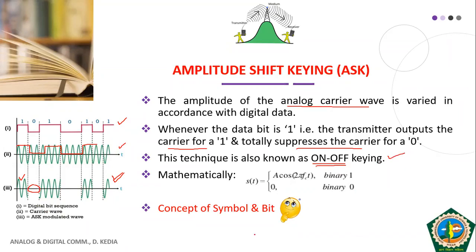So mathematically what is happening here, if your bits are represented in the form of ones and zeros, and 1 means say high volt and 0 means 0 volt, if your digital signal is represented in the form of unipolar pulses like this, then if you multiply, you get simply ASK. So mathematically ASK is obtained by the multiplication of your carrier signal and the amplitude of your binary pulses. So for binary 1, you have your output as a cosine of 2 pi fct, and during 0, you'll get the 0.